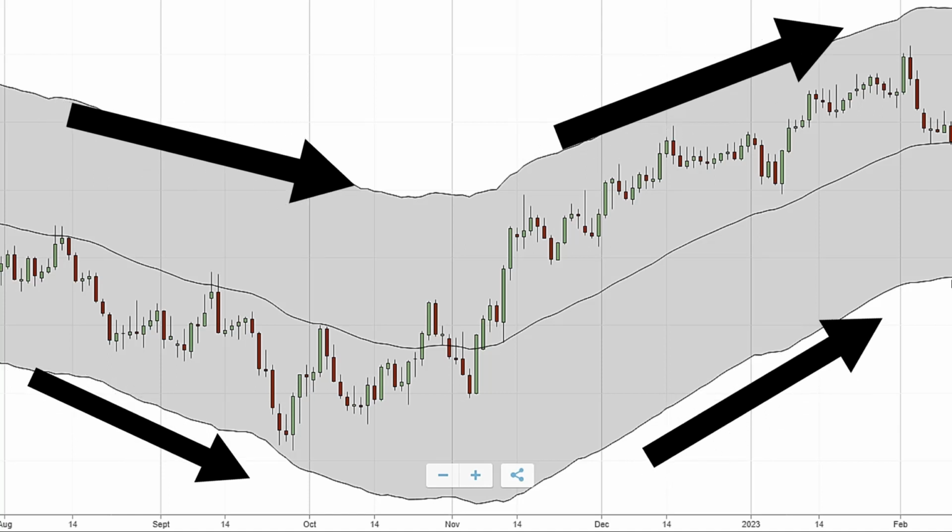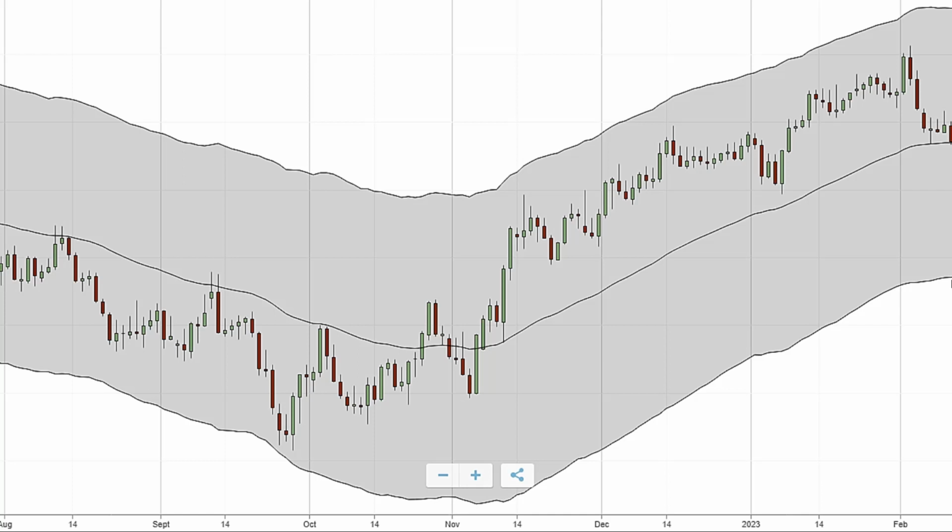Because the channel comes from the ATR, the average true range, which is a volatility indicator itself, and again is being provided in the description. The Keltner channel also contracts and expands with volatility, but is not as volatile as the Bollinger Bands. Keltner channel serves as a guide for getting trades, entries and exits.